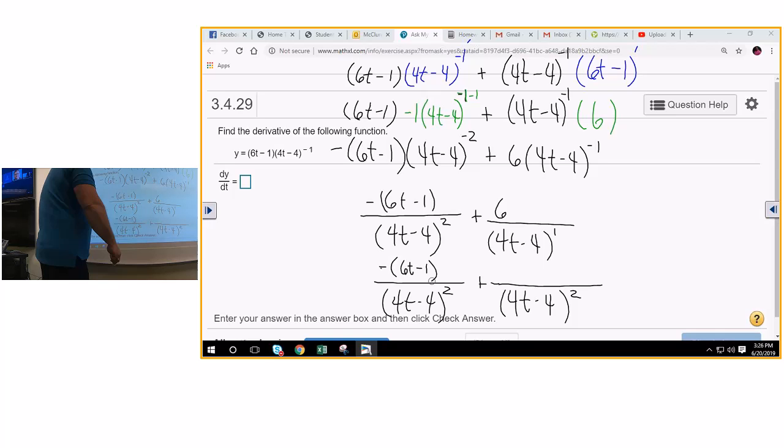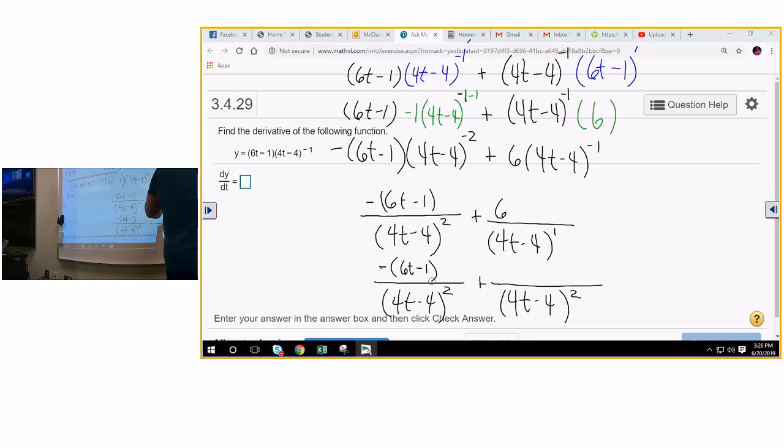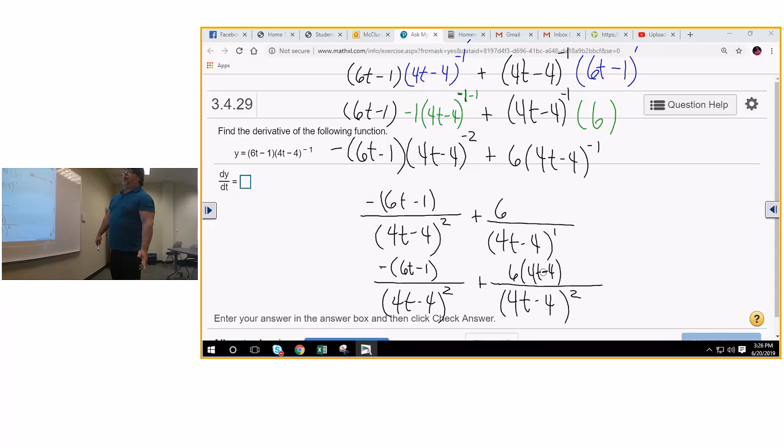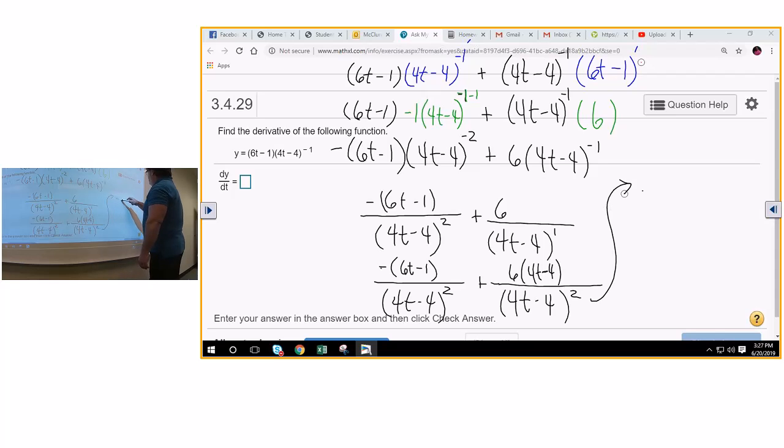And over here, (4t minus 4) will go into (4t minus 4) squared, (4t minus 4) times, so that's going to be 6 times (4t minus 4) to the first power. There we go. Now we've got everything over one denominator, (4t minus 4) to the second power.